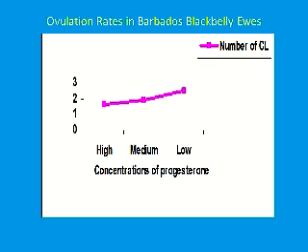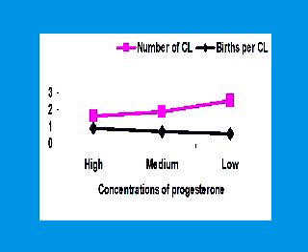Here, we assigned ewes to different levels of progesterone, high, medium, and low. So the ovulation rate goes up with lower progesterone. That's the reason that some of those out-of-season ewes did as well as a lot of in-season results that we would see.